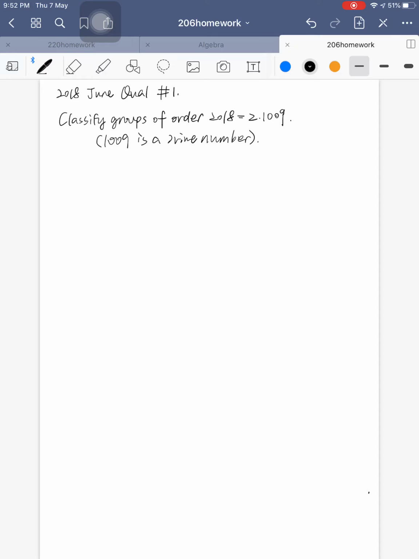So my attempt is, first of all, let's denote this group by G. Consider the case that G is abelian. In this case, we can treat G as a finitely generated module over a PID, so we can apply the structure theorem.